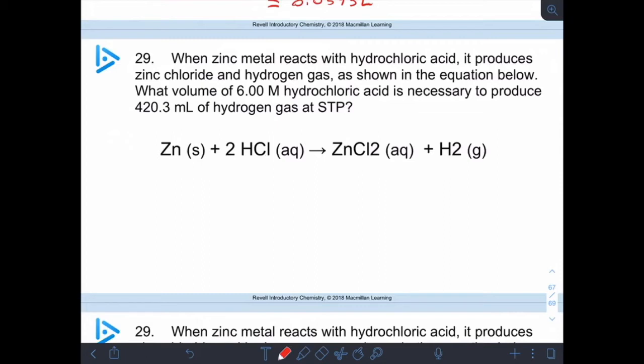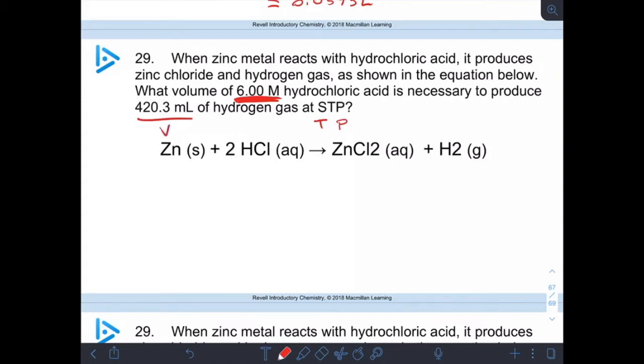Okay, let's take a look at the information in this problem. So remember, anytime you see that capital M, that's going to be a conversion factor. We're not going to start with that. That's going to be used somewhere in our problem, but not to start with. What we do have is a volume and a temperature and a pressure.